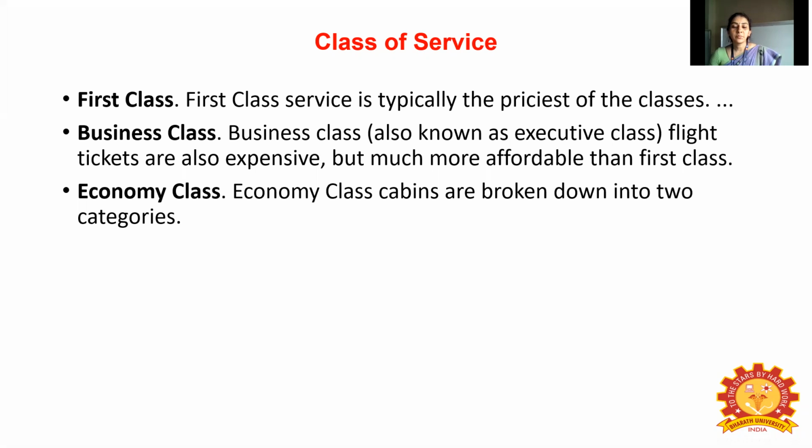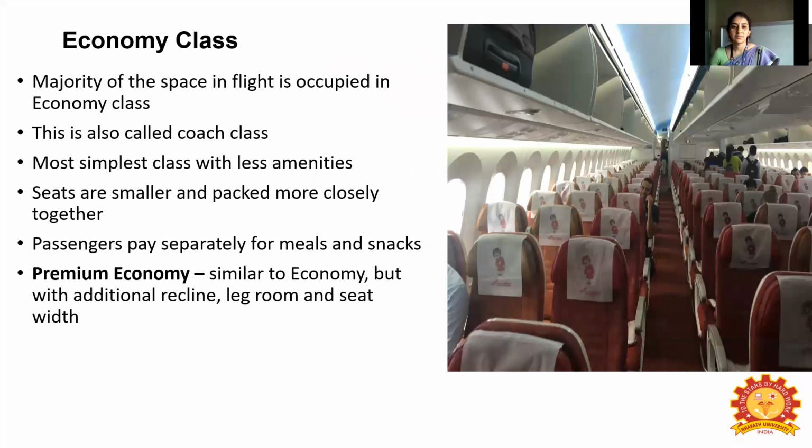Now we have mainly business class and economy class. Business class is also called executive class, which is very high in terms of ticket cost as well as services, like luxurious services. Whereas economy class gives you simpler service at a very reasonable, lower cost.